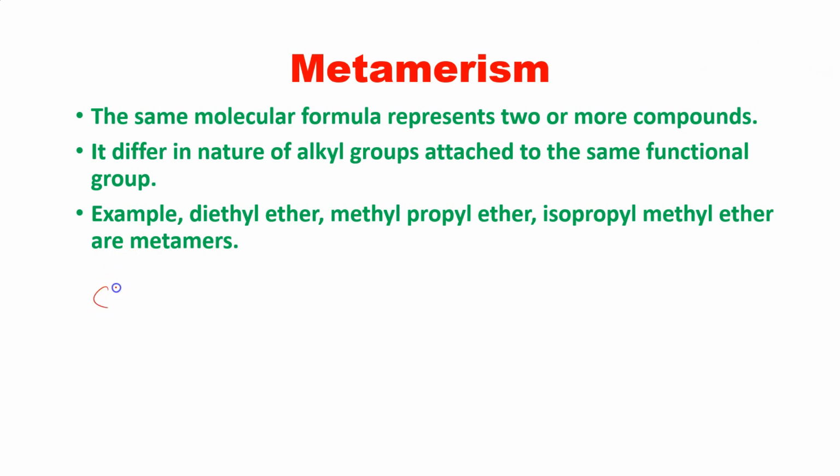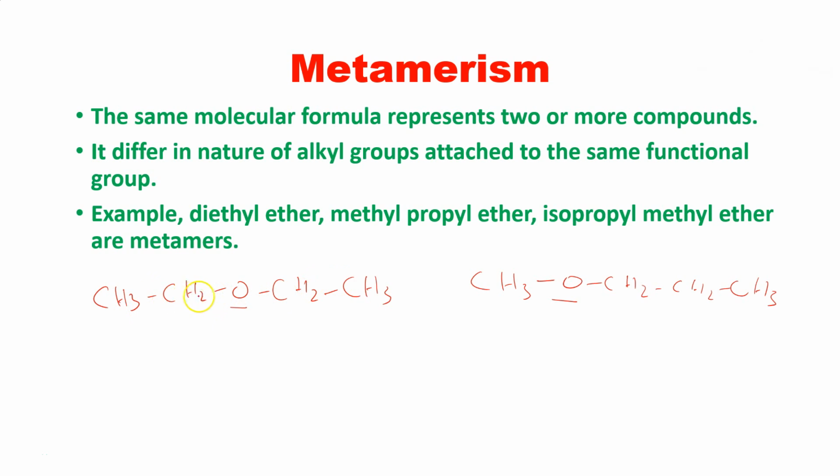Say suppose diethyl ether. So this is the structure of diethyl ether. And if we see the structure of propyl methyl ether, this is the structure of methyl propyl ether. In the case of metamerism, it is having oxygen, it means it is having an ether, right?